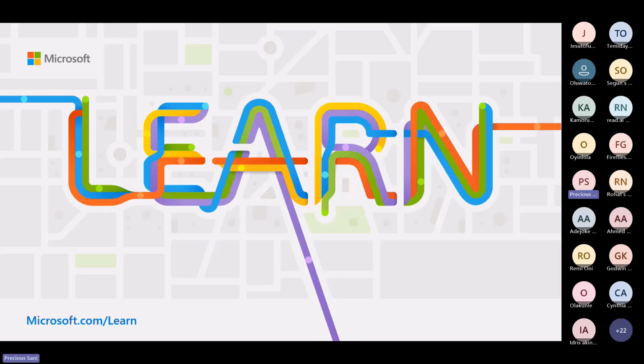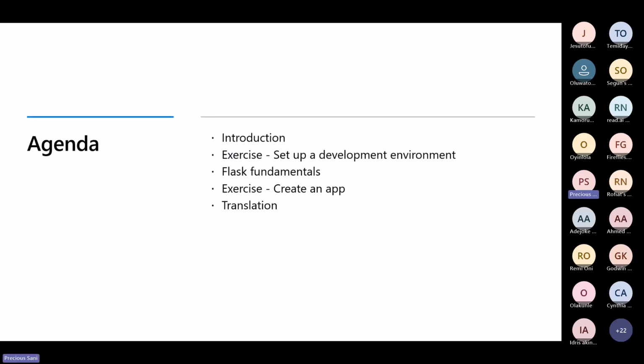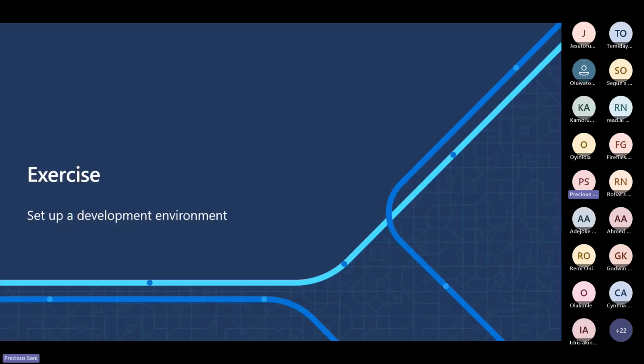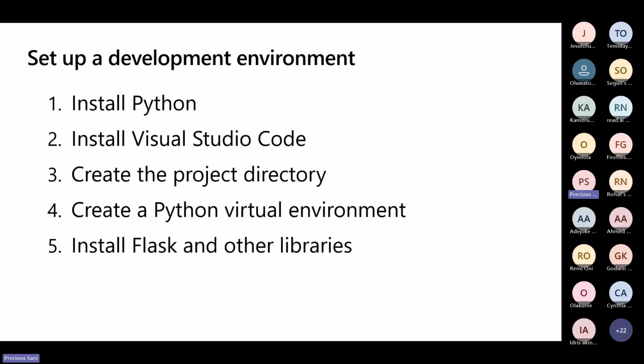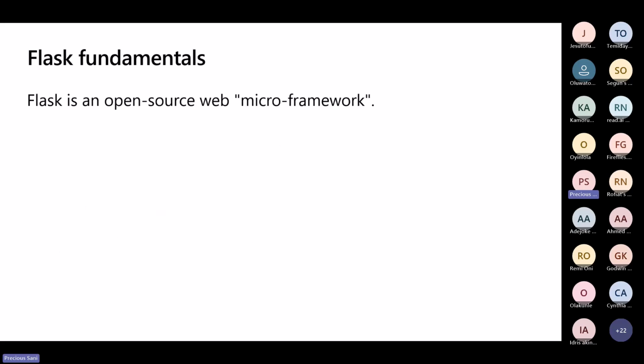Okay, so let's go on. We've created that, so what is the next thing to do? I want us to look at Flask fundamentals. I've said that Flask is an open source web micro framework for Python that you use to build web apps.